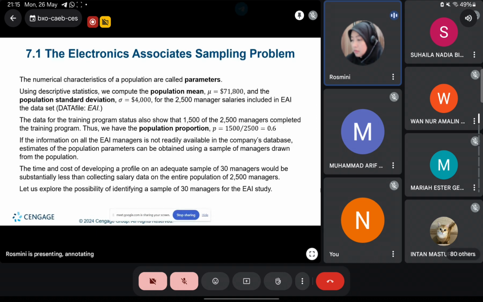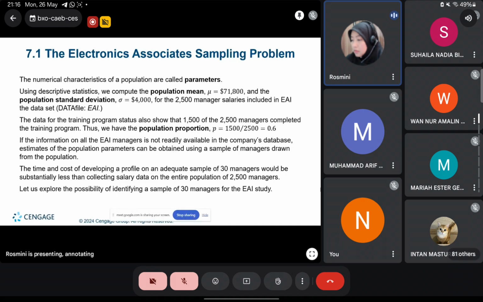So mu is the mean, meaning the average, and the standard deviation of 4,000 means the dispersion from 71,800 is about 4,000. Next, the data for training program status also shows that 1,500 of the 2,500 managers completed the training program.